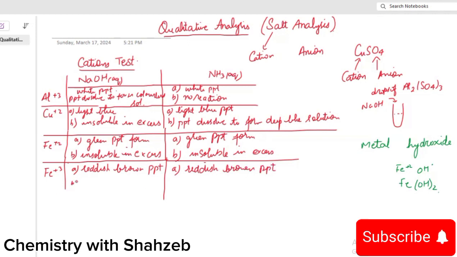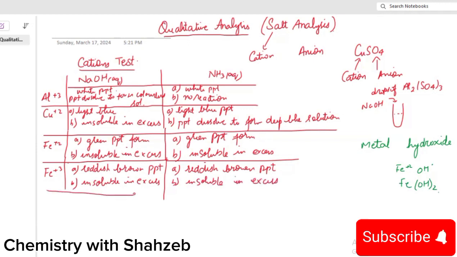In the same way, they are insoluble in excess. They are also insoluble in excess. You just need to memorize them.